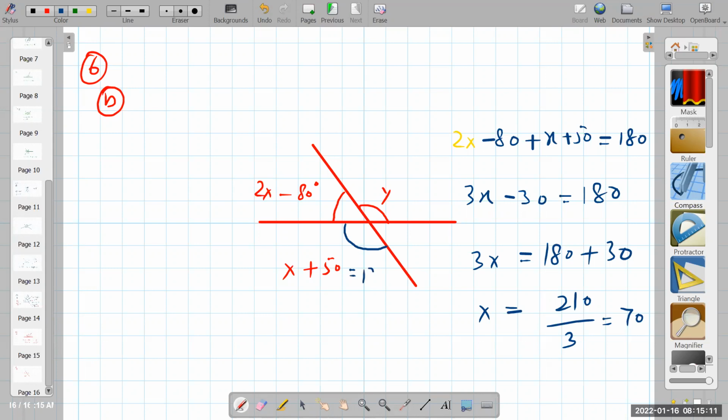And the value of y will be 120 because these are opposite angles. So y is equal to 120, and 2x minus 80 will be equal to 2 multiplied by 70 minus 80. Calculate.